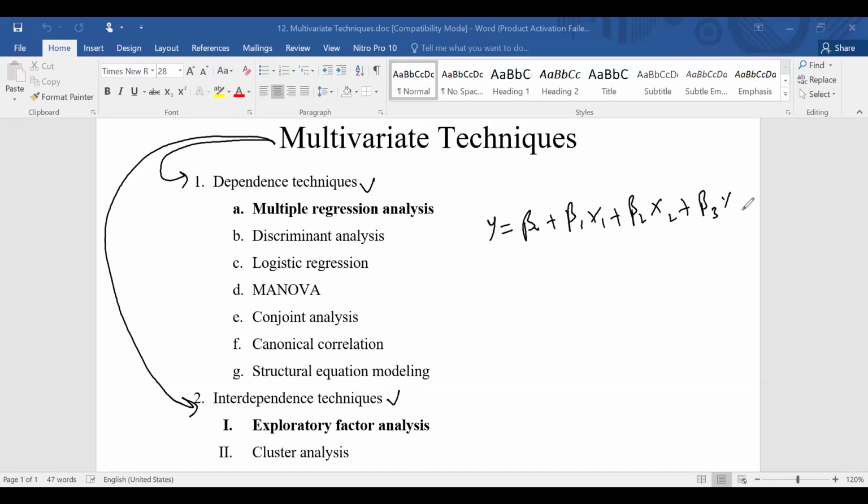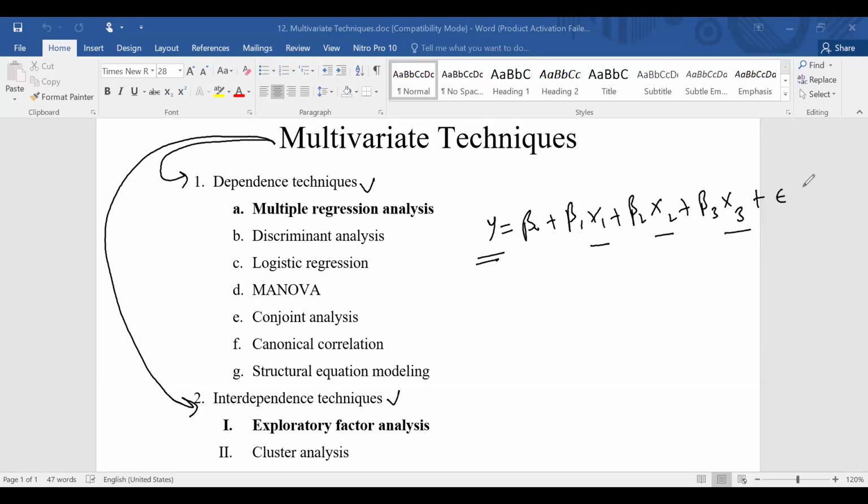In case of multiple regression analysis, y is the dependent variable, x1, x2, x3 are independent variables.